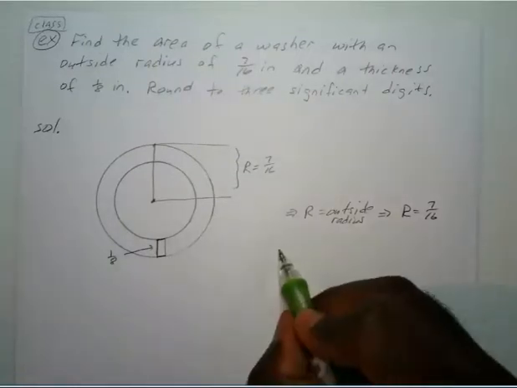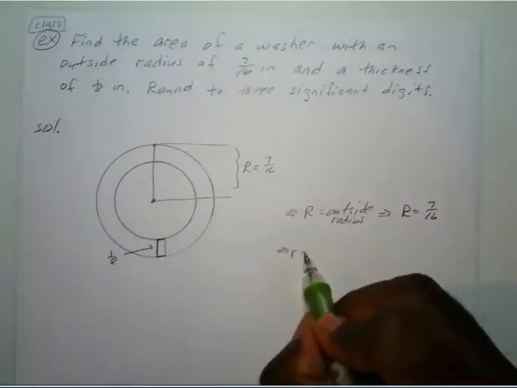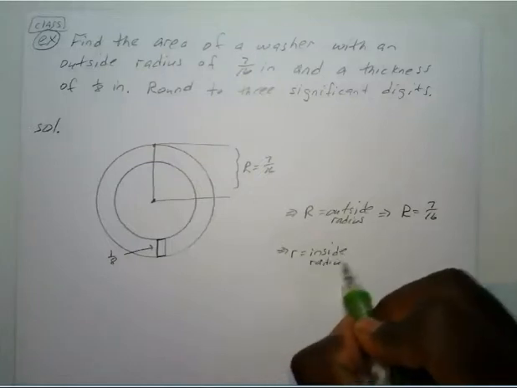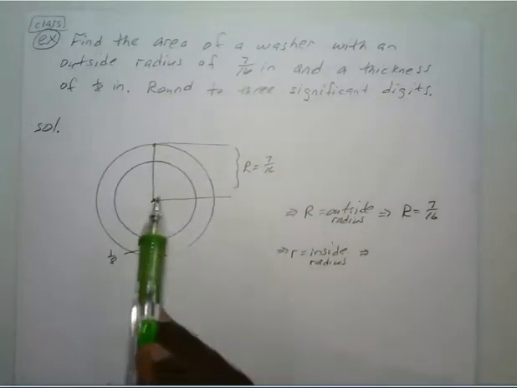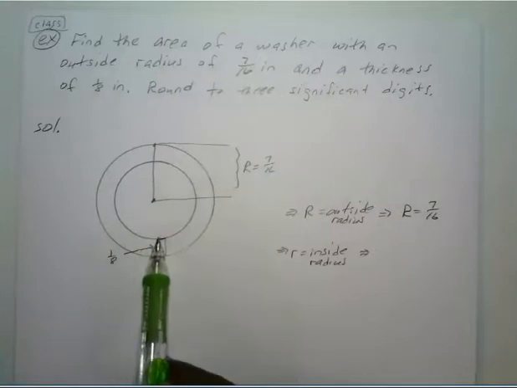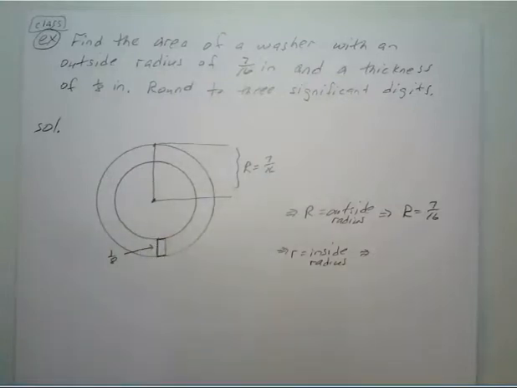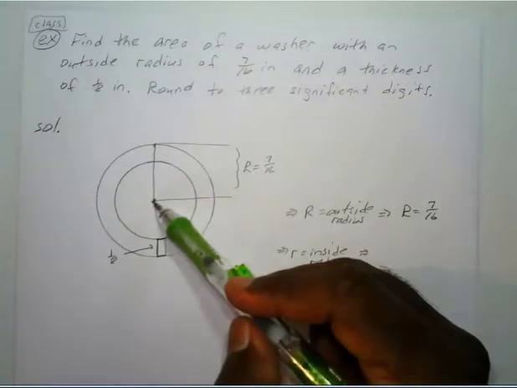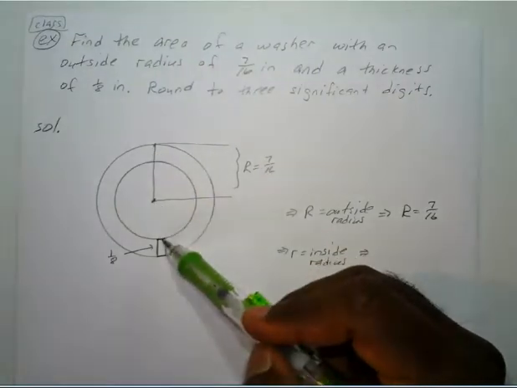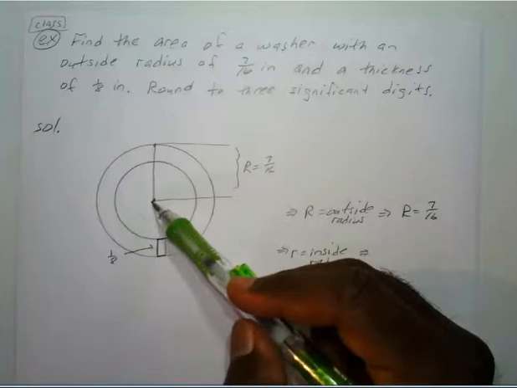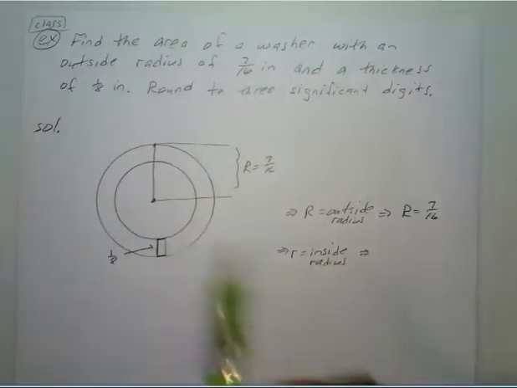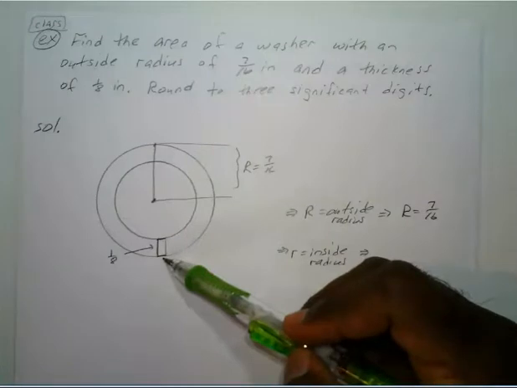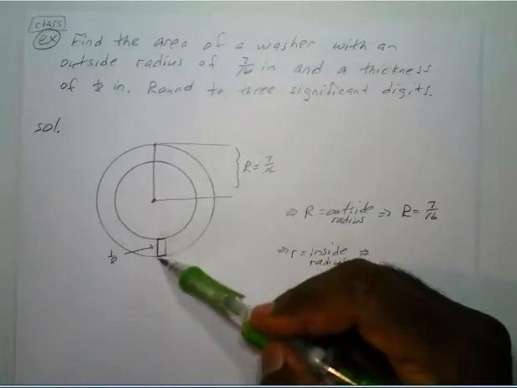Now, for our inside radius, remember your inside radius is from the center to the inner circle. We don't know that. We know the distance from the center to the outer circle, but the distance from the center to the inner circle, we don't know. So what we do is we get the outer radius, the center to the outer circle, minus the thickness.